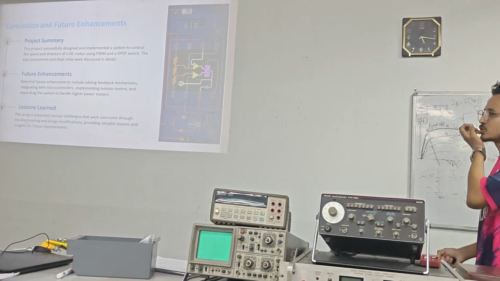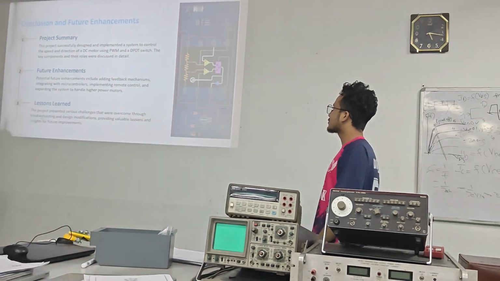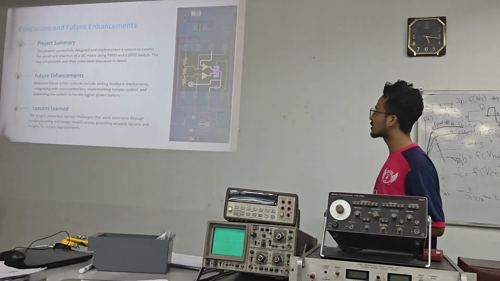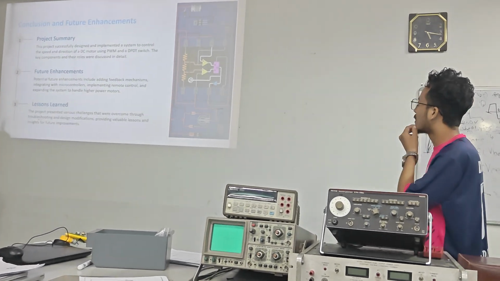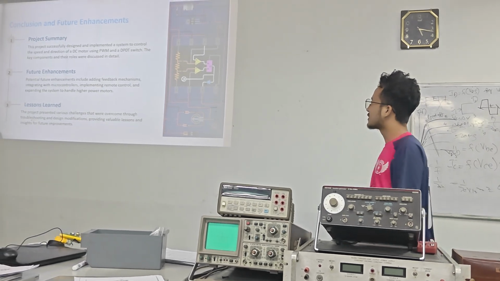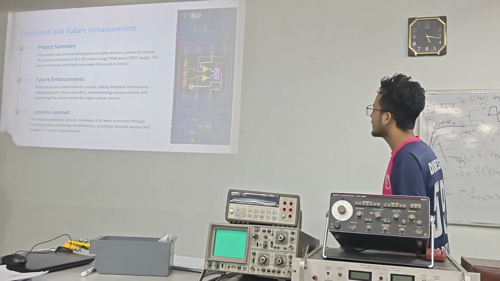Conclusion and future enhancement. Project summary: this project successfully designed and implemented a system to control the speed and direction of DC motors. We did it using pulse width modulation and a DPDT switch. The detailed components were discussed already.